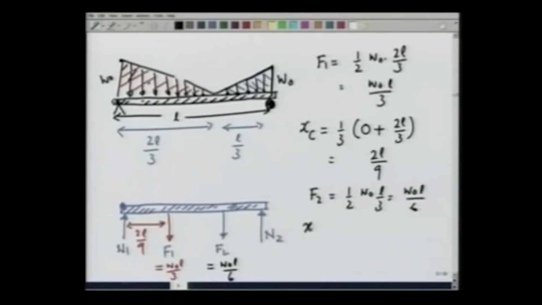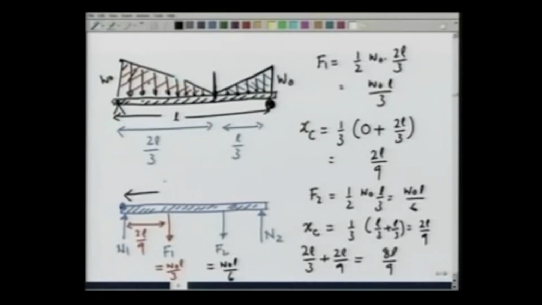The centroid with respect to the point in the middle is at a distance of 1/3 of L by 3 plus L by 3, which is 1/3 of 2L by 3, 2L by 9. So, the distance from the corner is going to be 2L by 3 plus 2L by 9, which is nothing but 8L by 9. So, the force here acts at 8L by 9.